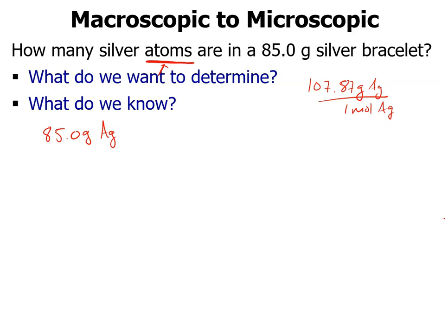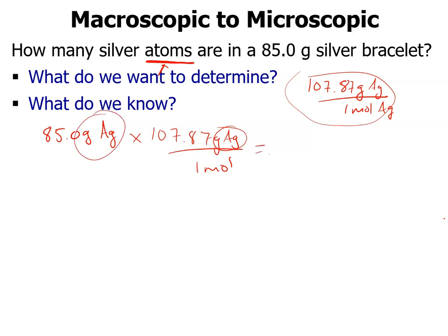Now, if I leave this on the top, I'm going to get grams of silver squared, right? If I multiplied this by 107.87 grams of silver over 1 mole, this is going to multiply with itself, and then my answer is going to be grams of silver squared, which doesn't make sense. So let's not do that.